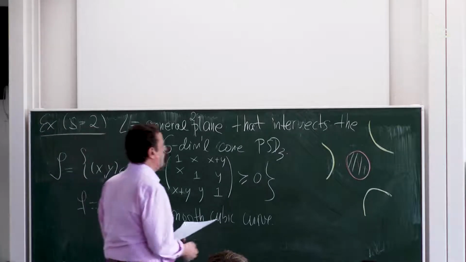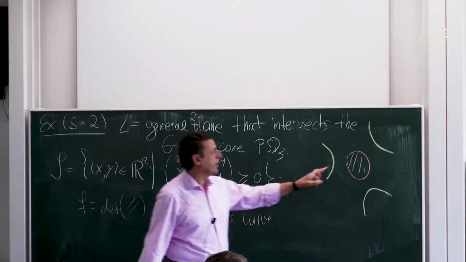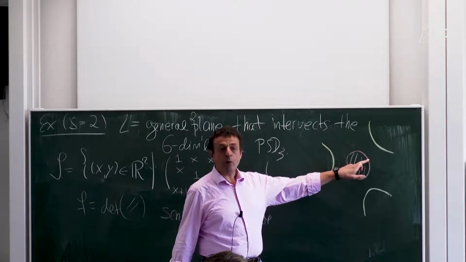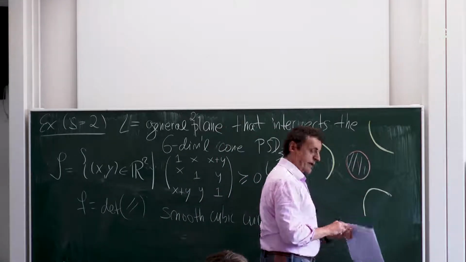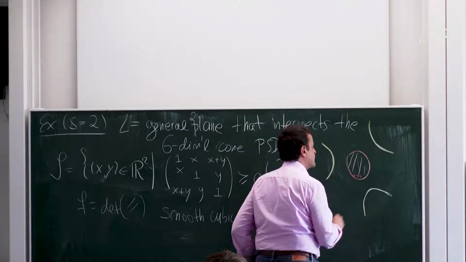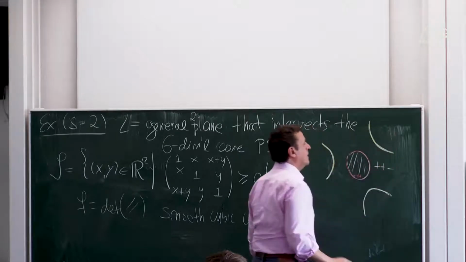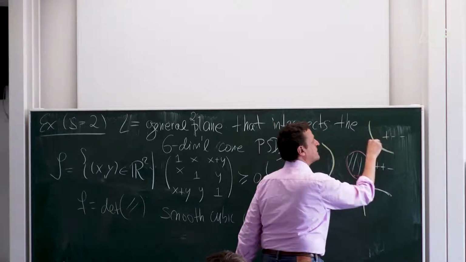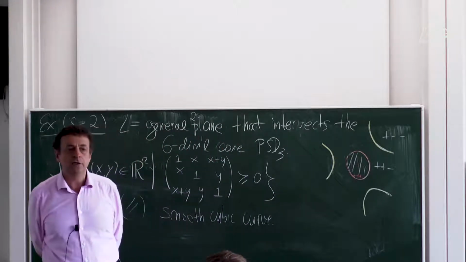Inside here, all 3 eigenvalues of the matrix are strictly positive. On the boundary, one of them becomes 0. Here in the red region, the eigenvalues are plus, plus, plus. Out here, they are plus, plus, minus. But as you traverse here, they become plus, minus, minus. So the yellow stuff here is part of the cubic curve.